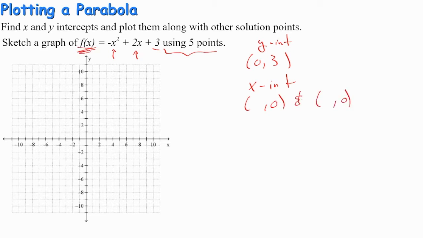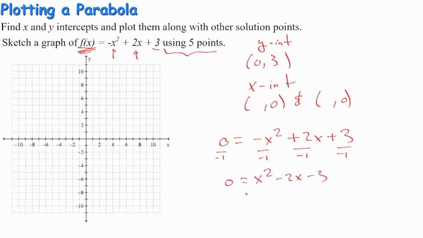So we change f of x to be equal to 0. I'm going to divide each term by -1, so I get the lead coefficient to be positive. And now we can factor this. And we get x equals 3 and x equals -1.